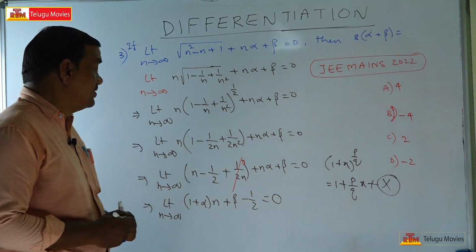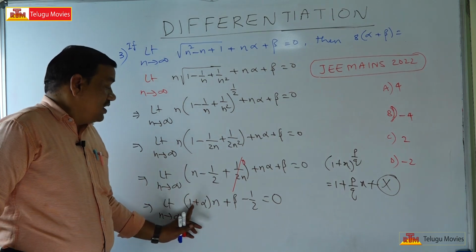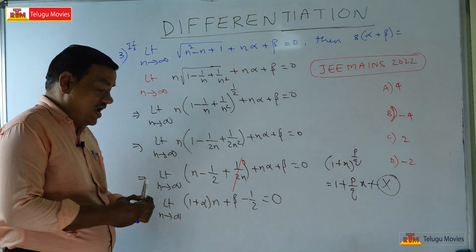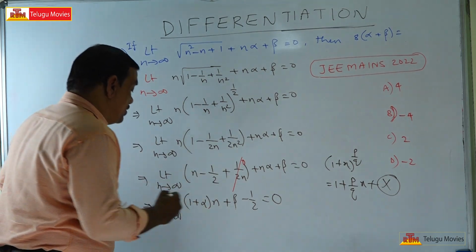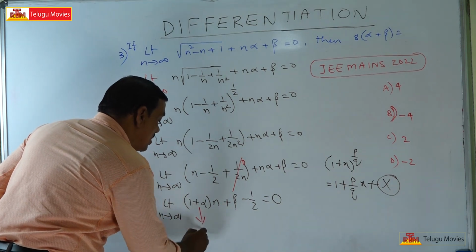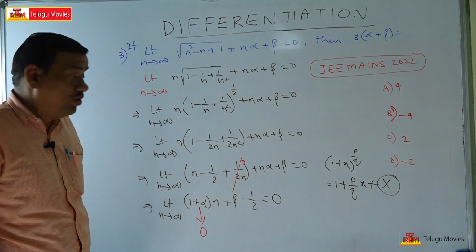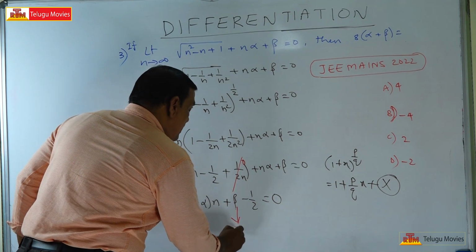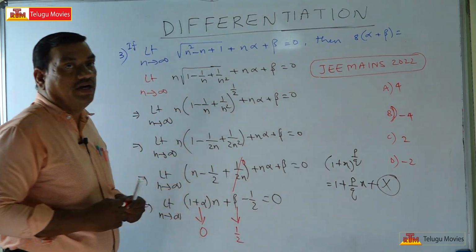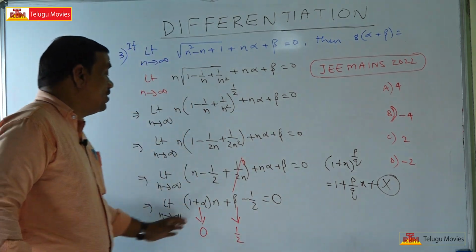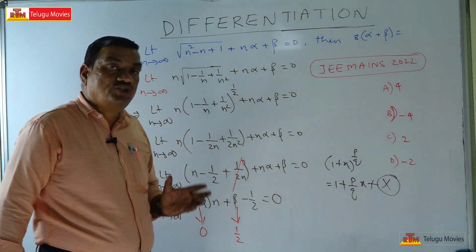This limit exists means what? Here the 1 plus alpha value should be equal to 0, and the beta value should be equal to 1 by 2. Then only this limit will become 0. Right or wrong?